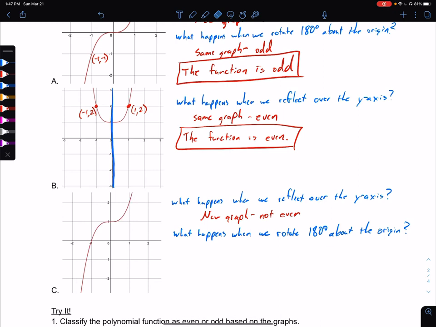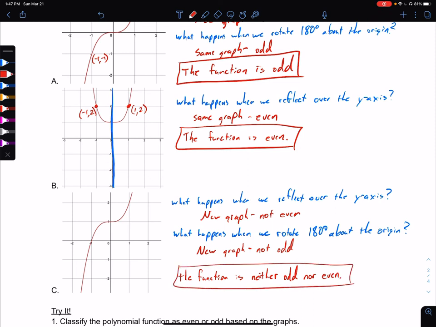Do be careful with that. Same as before, we get a new graph. That tells me that it is not odd. So what that means is that the function is neither odd nor even.